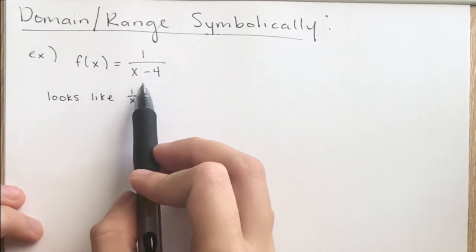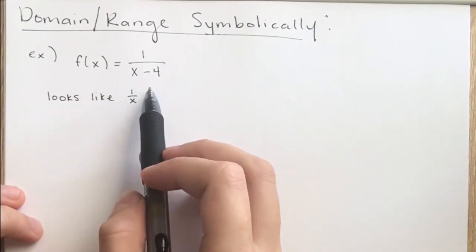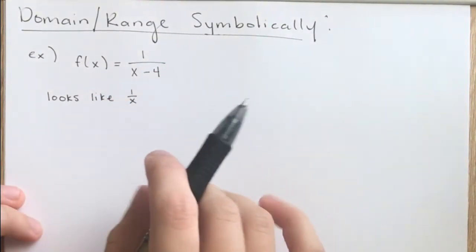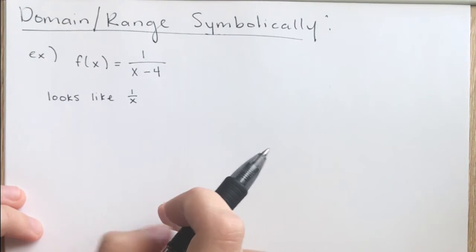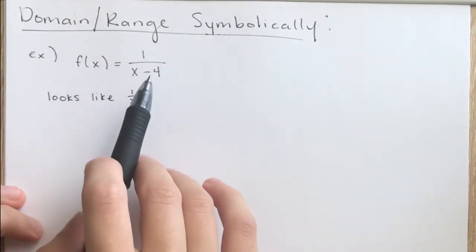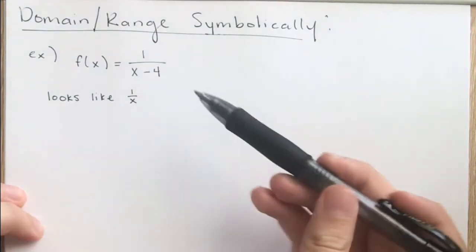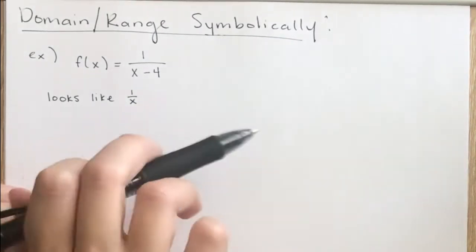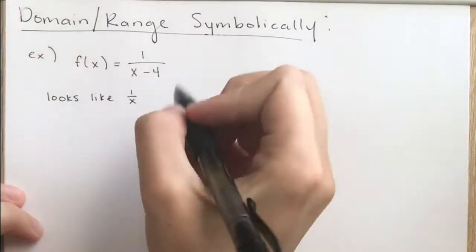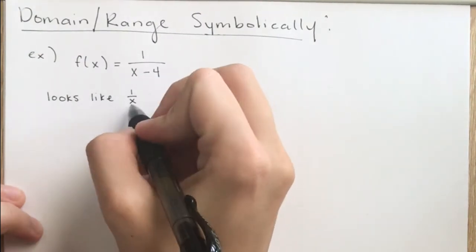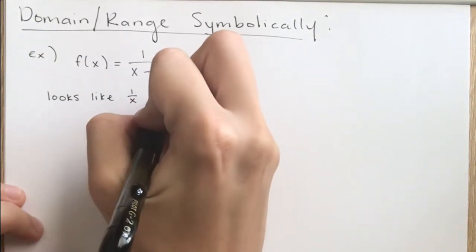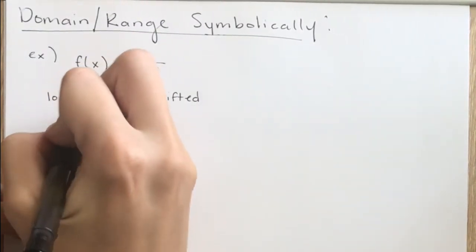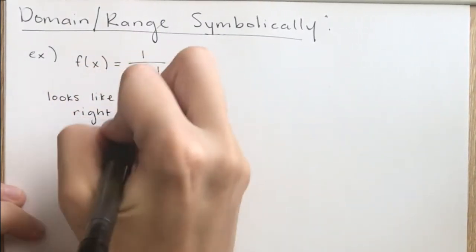So subtracting from the x values, moving horizontally, always does kind of the opposite of what we think it's going to do. If we were subtracting, we would think that the negative direction would be to the left, but it's actually going to go to the right. So it looks like 1 over x shifted right by 4.